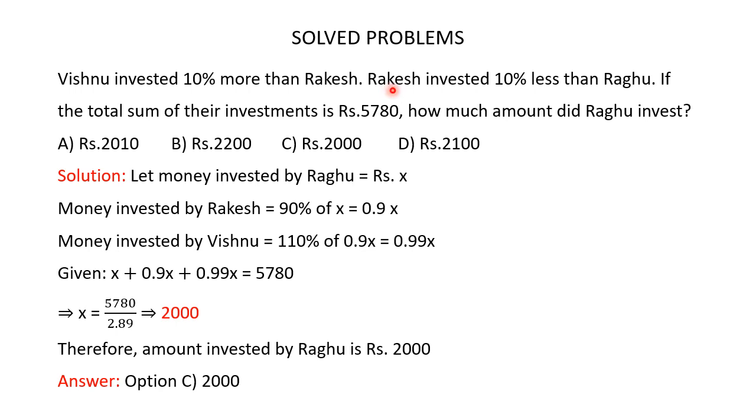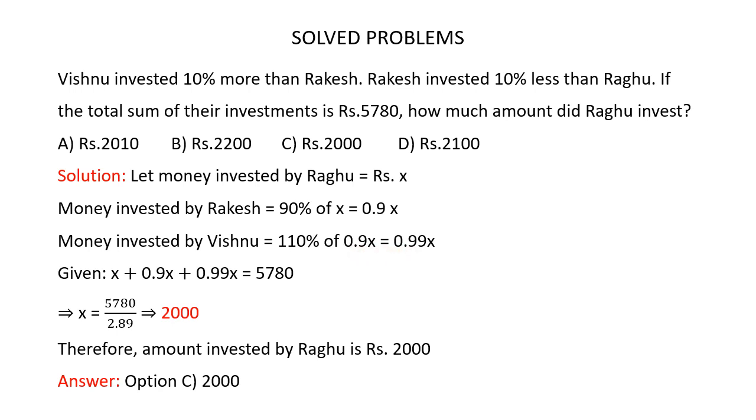So let the money invested by Raghu be rupees X. It's given that Rakesh invested 10% less than Raghu. So money invested by Rakesh is 90% of X, which is 0.9x. It's given that Vishnu invested 10% more than Rakesh. So money invested by Vishnu is 110% of 0.9x, which is 0.99x.